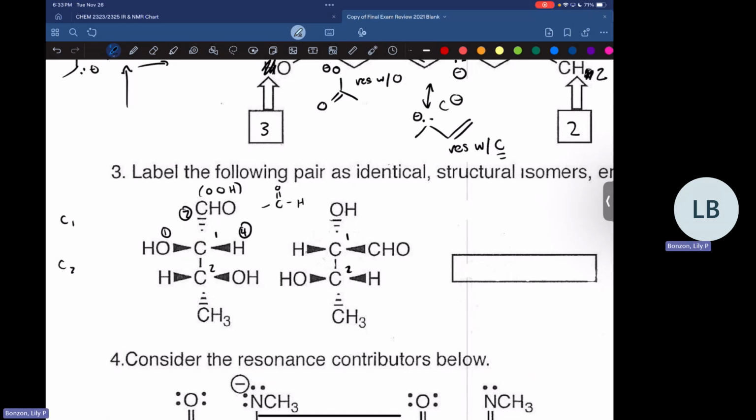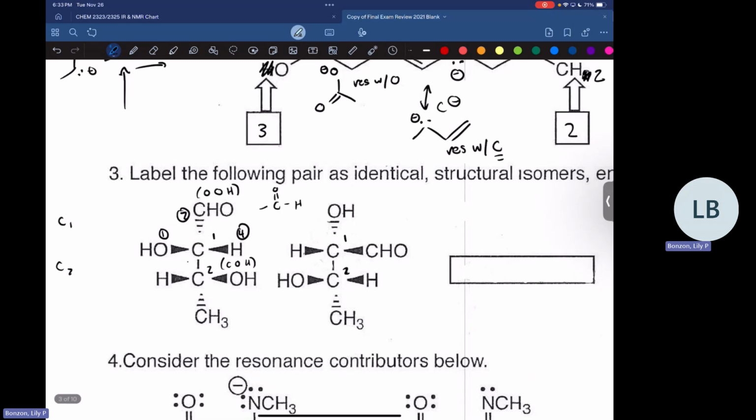The group on the bottom would be COH. So the group on the top would be our second highest priority, and the group on the bottom would be our third. And then when we do our rotation, we find that this is going to be R. But because our hydrogen is on a wedge, we have to flip that. So carbon 1 is, sorry, S. So carbon 1 was S, and then moving on to carbon 2.